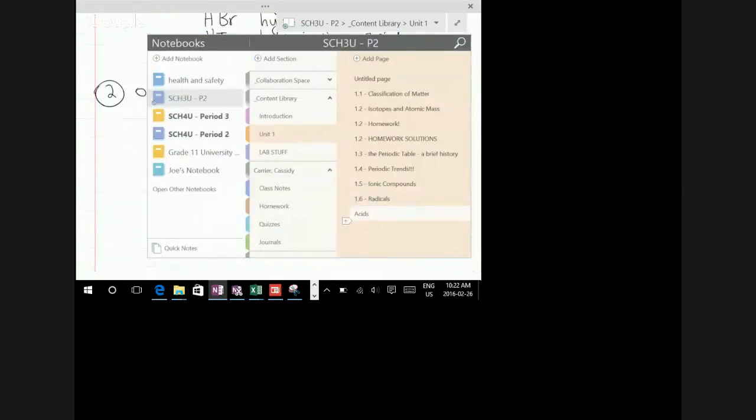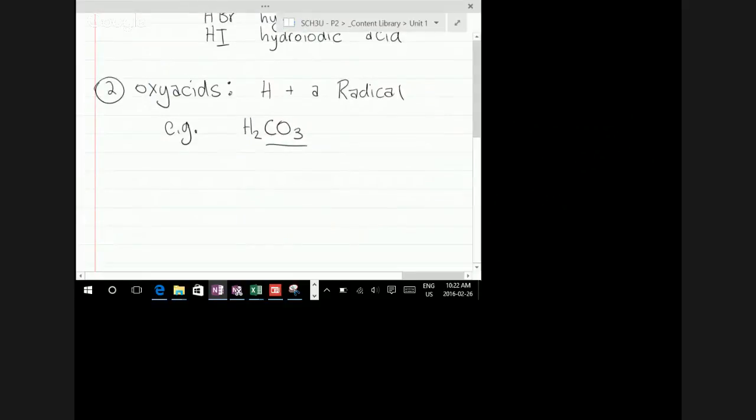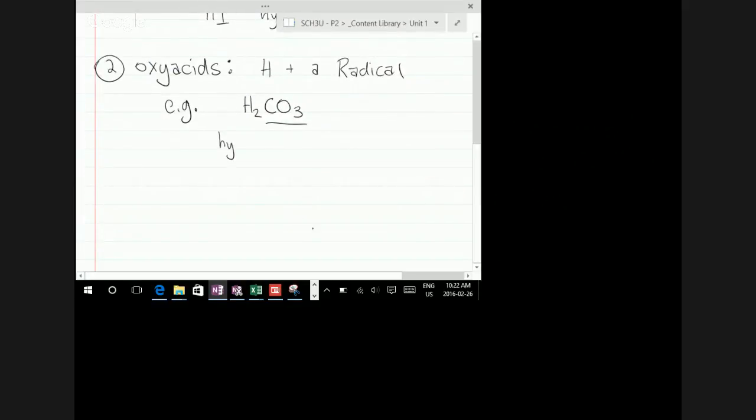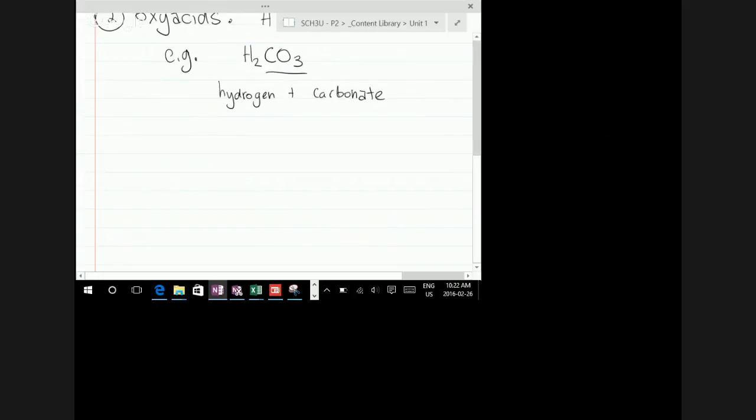So this is hydrogen plus carbonate dissolved in water. All acids are dissolved in water, right? That's something you should remember from grade 10. Okay, and the name is carbon, not ate, but carbonic acid.